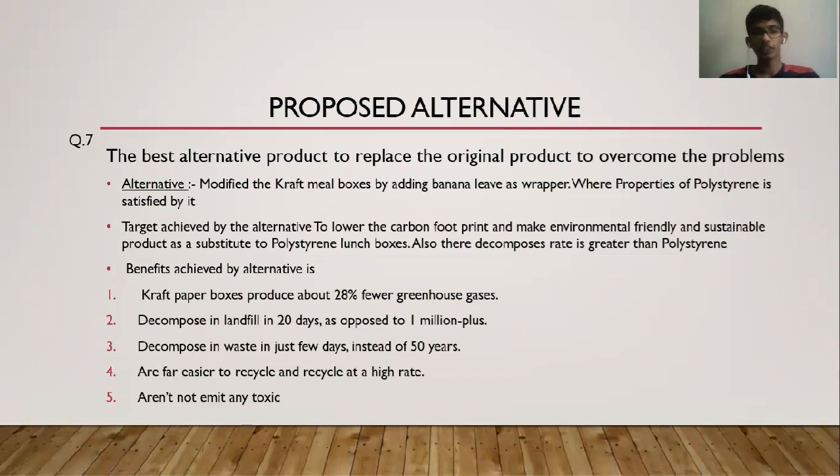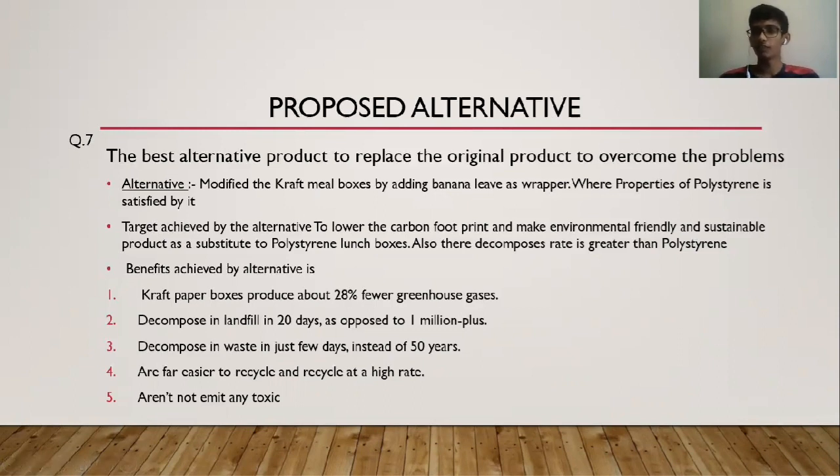Here the best alternative. Here we look at the best alternative product to replace the original product. Our alternative was a craft meal box made by craft material, with banana leaves as a wrapper to wrap the food, where the properties of polystyrene are satisfied.